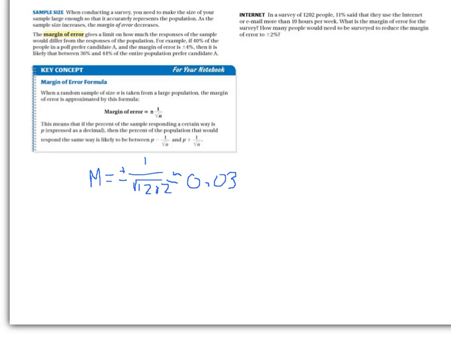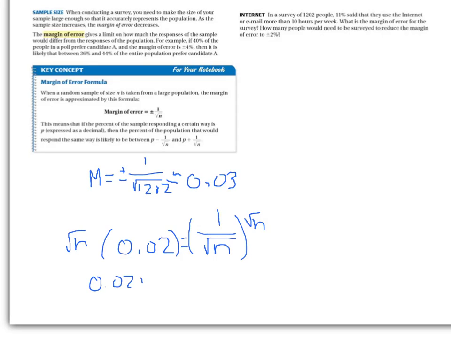It says how many people would need to be surveyed to reduce the margin of error to 2%. So we're at 3%. So, well, let's see. 2% as a decimal is 0.02, and we want that to equal this. So first thing I have to do, multiply by the square root of n. So you get 0.02 square root n equals 1.